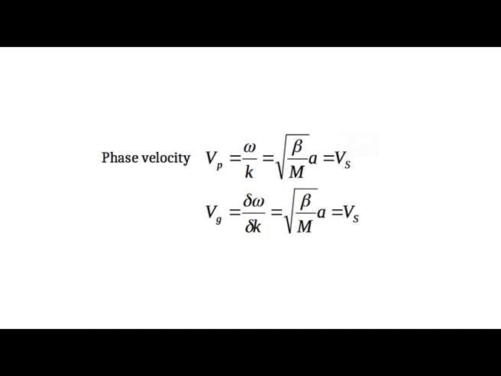And the group velocity, which is delta omega by delta k, essentially the slope, again comes to be root of beta by m into a, which is Vs, the sound velocity again.